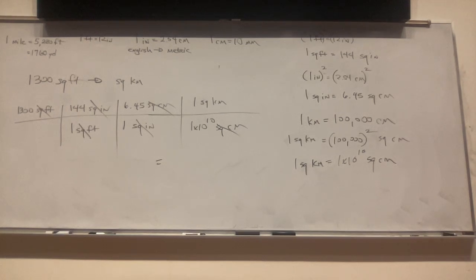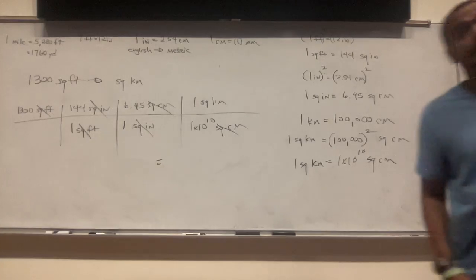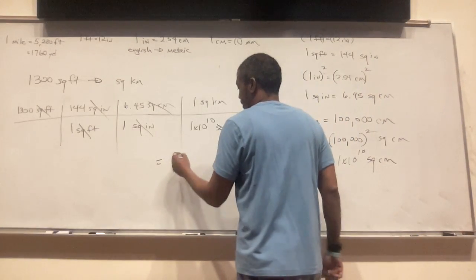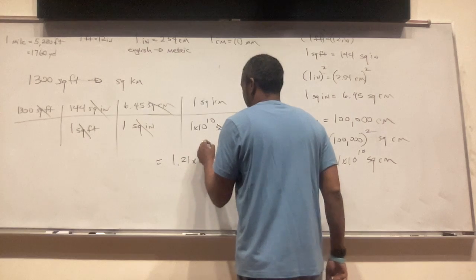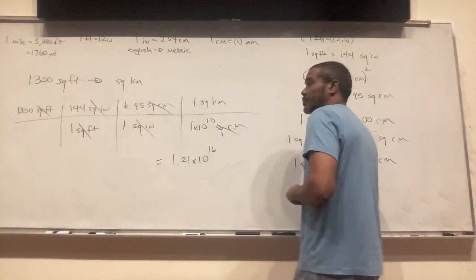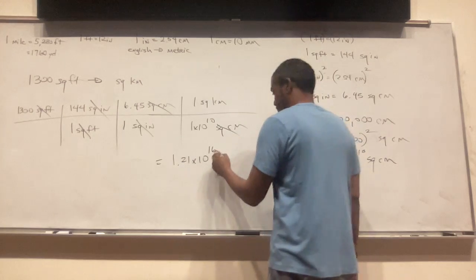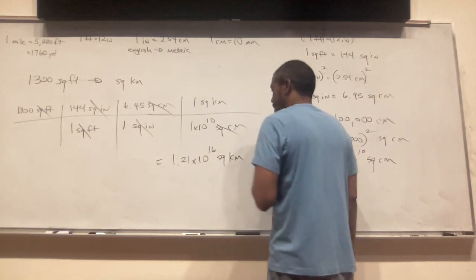What answer did y'all get? I got 1.21 times 10 to the 16. 1.21 times 10 to the 16 what? Square kilometers.